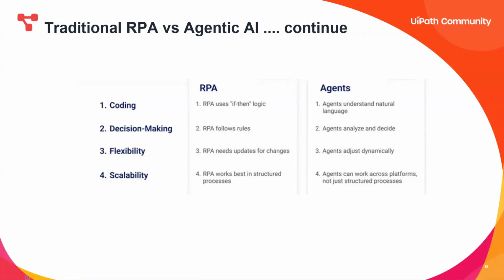In terms of decision making, RPA follows rules, but agents analyze and decide based on AI insight or natural language. RPA needs updates for changes, but agents adjust dynamically. In terms of scalability, RPA works best in structured processes, but agents can work across platforms, not just structured processes.